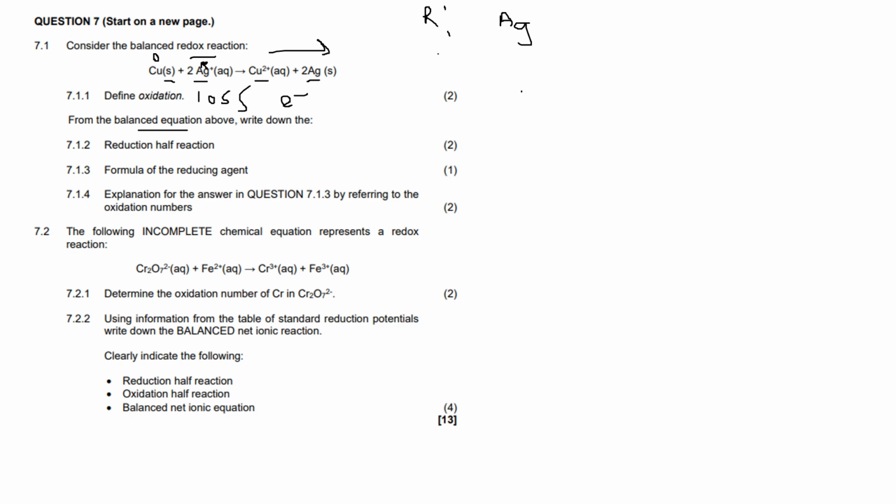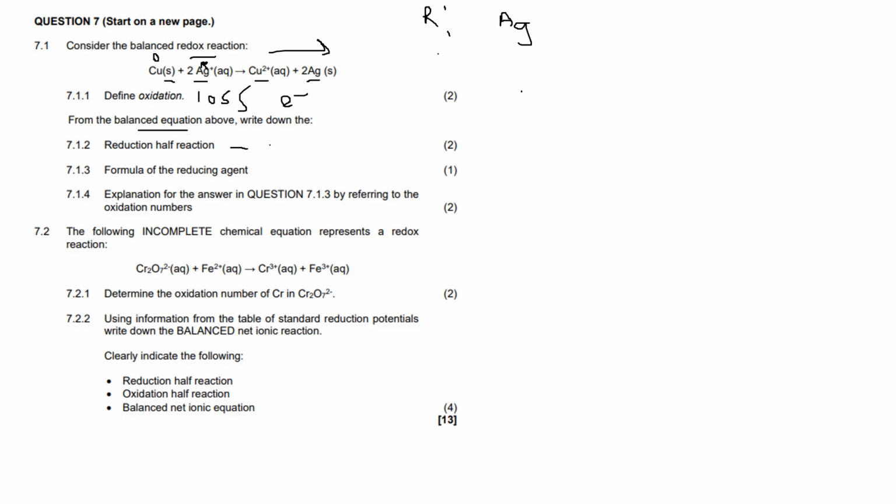They want us to find the reduction half reaction, so you go to the table and look for Ag. There we are, I found Ag.